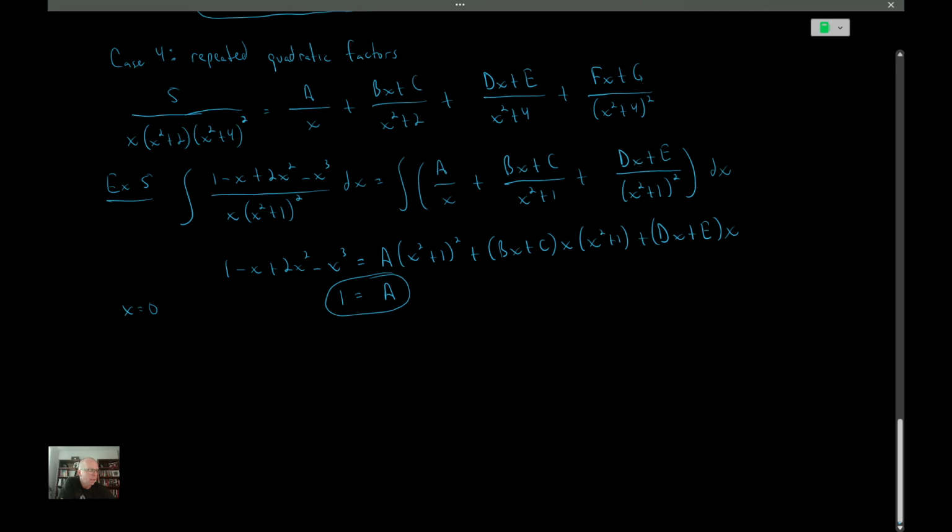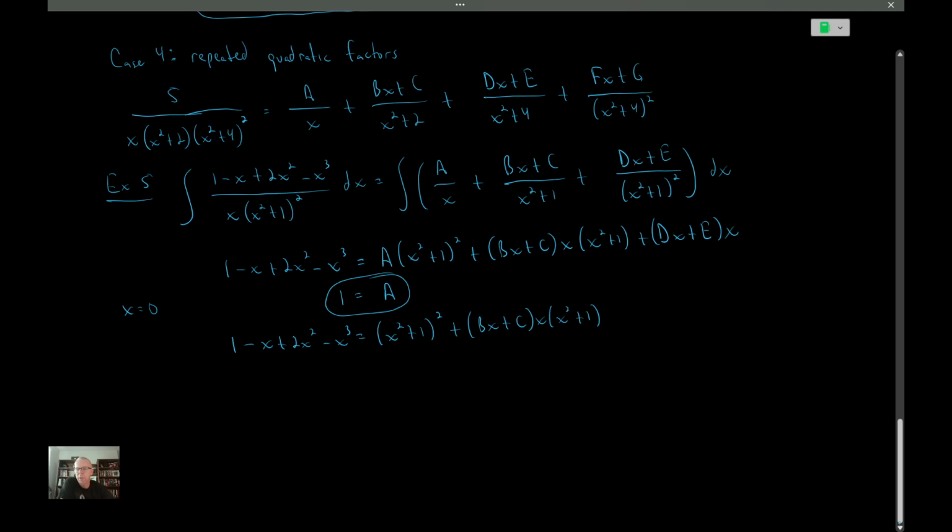So now let's rewrite what we have. So we have x squared plus 1 squared plus all the rest is unchanged. That's an x, not a times, so it's x from that denominator.